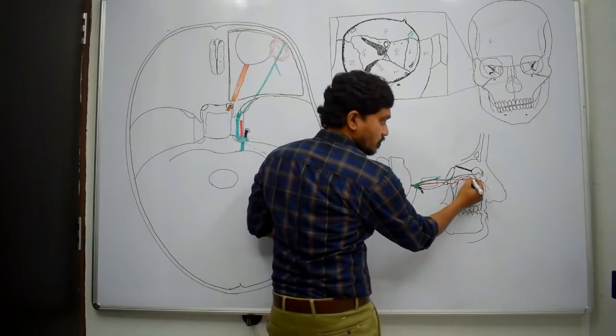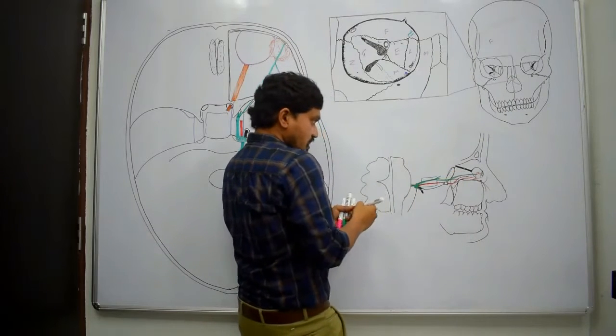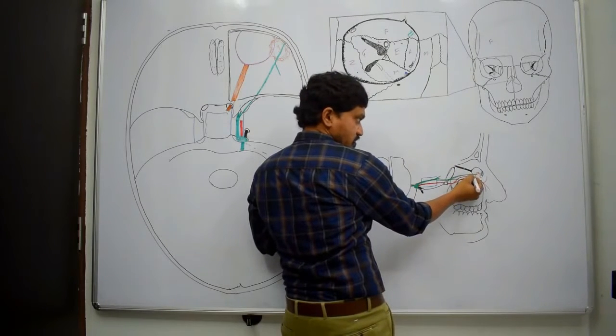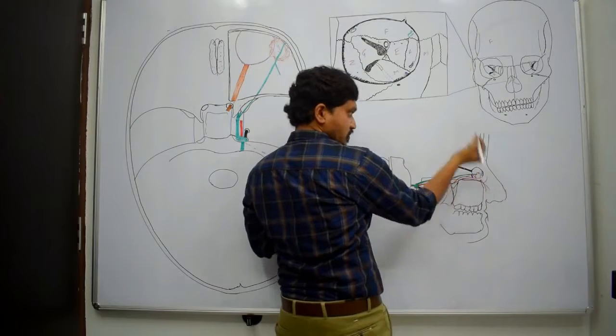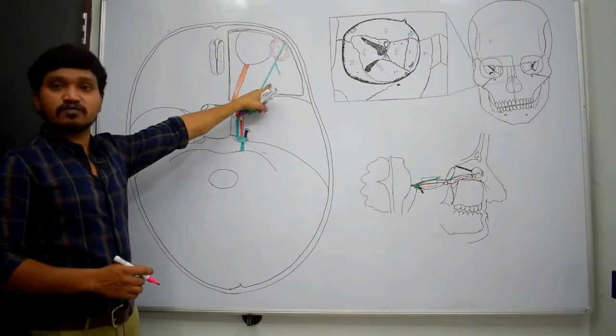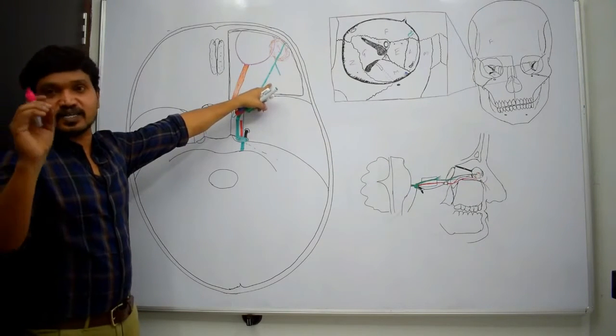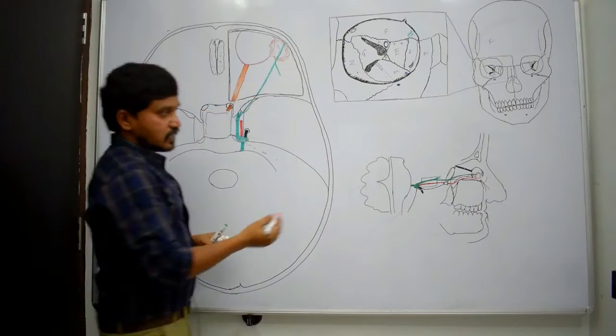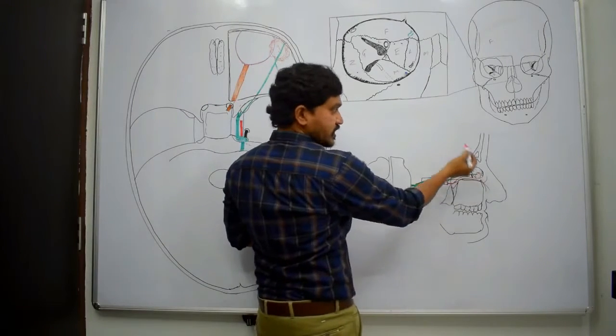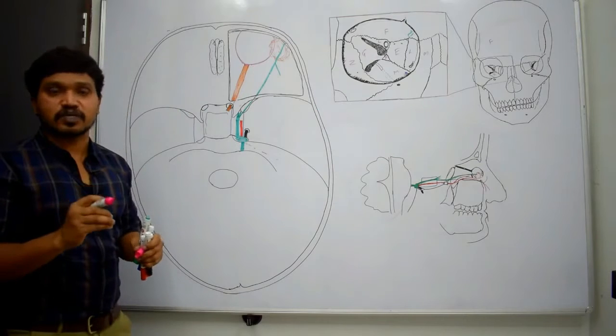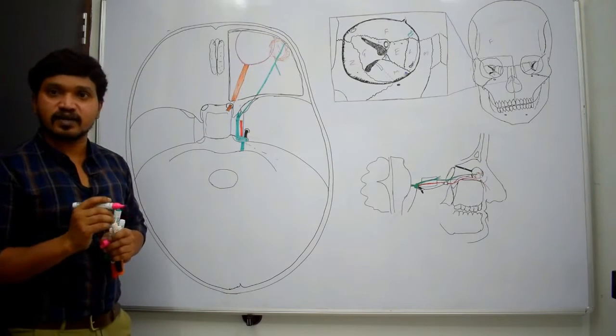This zygomaticotemporal nerve communicates with the lacrimal nerve like this. This is the communicating branch. The own fibers of the lacrimal nerve are sensory fibers, but the communicating branch from the zygomaticotemporal nerve carries the secretomotor fibers to the lacrimal gland.